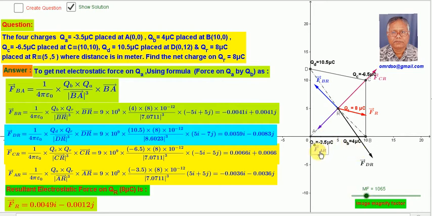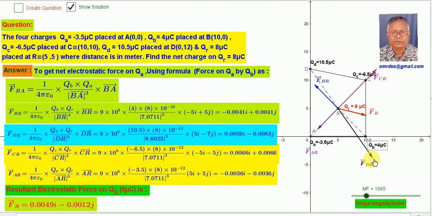It is FAR, the force on R due to A. A is minus 3.5 microcoulomb and the charge placed at R is 8 microcoulomb, so obviously the charge at A will attract charge QR. Similarly, force on R due to charge QB: QB is positive, R is positive, so it will repel, and the repulsion direction will come this side.